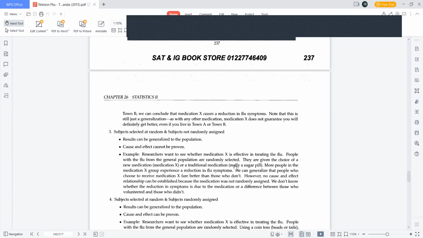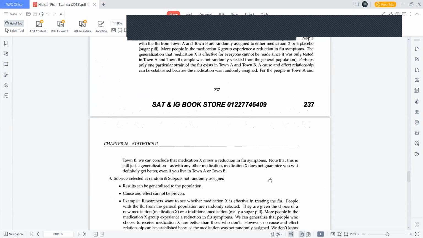More people in the medication X group experience a reduction in flu symptoms. We can generalize that people who choose to receive medication X fare better than those who don't. However, no cause and effect relationship can be established because the medication was not randomly assigned. We don't know whether the reduction in symptoms is due to the medication or a difference between those who volunteered and those who did not.